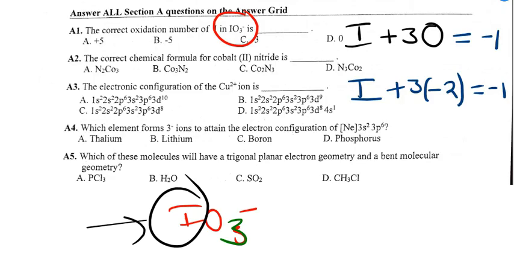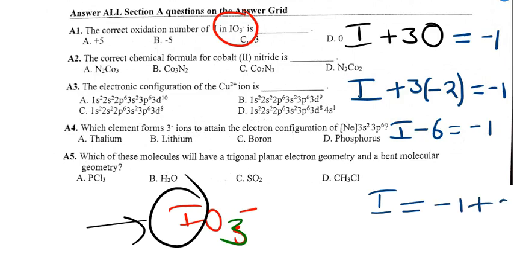So we can find the iodine, which is unknown. 3 times -2 gives us -6, equal to -1 plus iodine, so iodine becomes -1 plus 6, which gives us +5. Okay, so that's our answer for question 1.